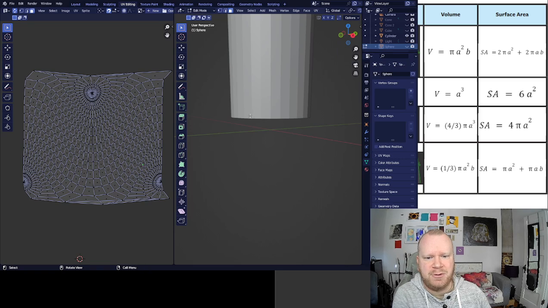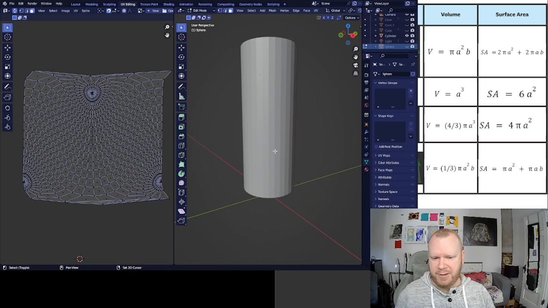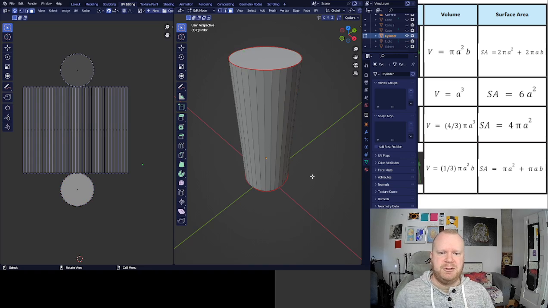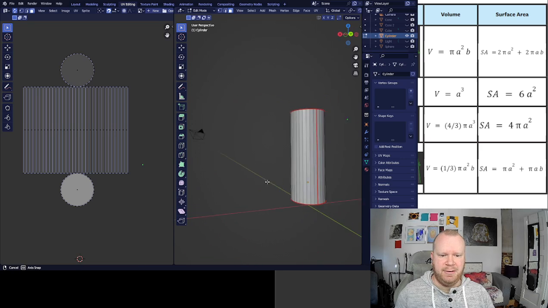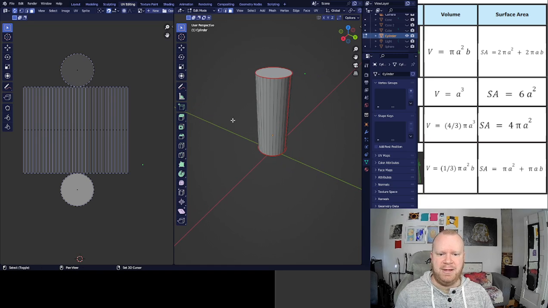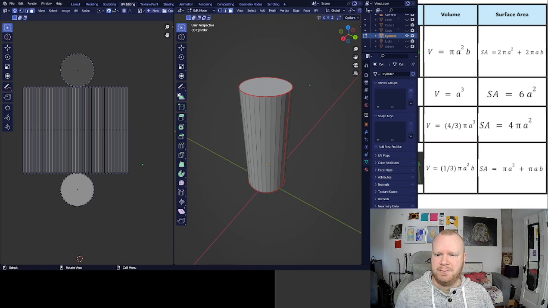Another one that we can derive everything we need from it, so we know where those formulas come from, is the cylinder. So you can see here I've got some cuts that I made here in the red. That's how I flattened it out here. But I've got 2 circles, and then all the stuff on the side, which we call the lateral surface.